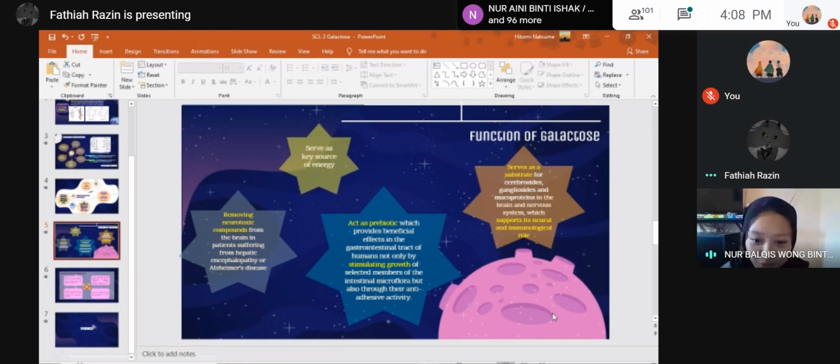And the last one, it serves as a substrate for cerebrosides, gangliosides, and mucoproteins in the brain and nervous system, which also supports its neural and immunological role.